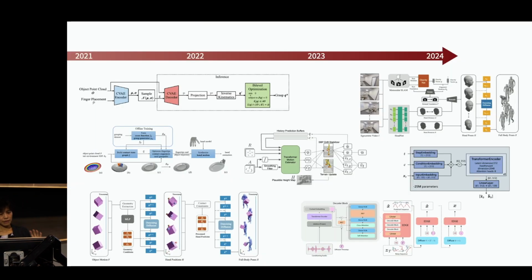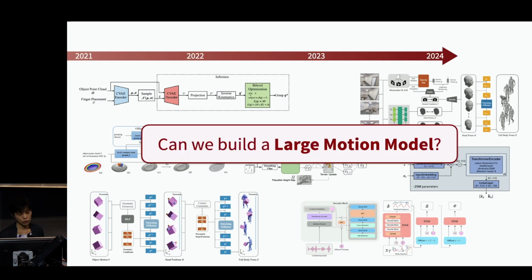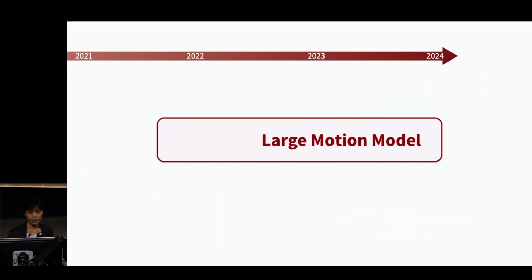All right, so after investigating these generative models for human motion in the past 2 years, we're quite convinced that human motion, just like videos or text, has a spatial and temporal structure that could be easily exploited by the generative model. So the natural next question would be, if we have a significantly larger amount of human data, can we learn a large model for human motion analogous to ChatGPT for natural language?